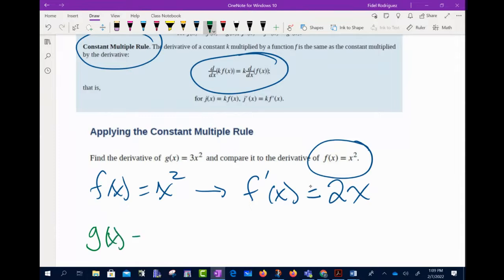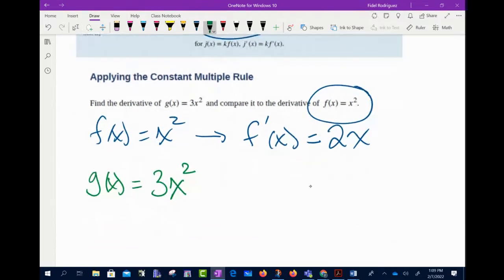Okay. Now, I'm going to show you something. Look at our function g of x. Isn't my function g of x equal to 3x squared? Right? Because that's what it has right here. And isn't that really the same thing as 3 times f of x? Because f of x was x squared? Does that make sense?